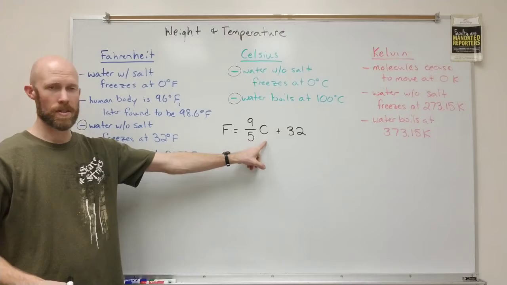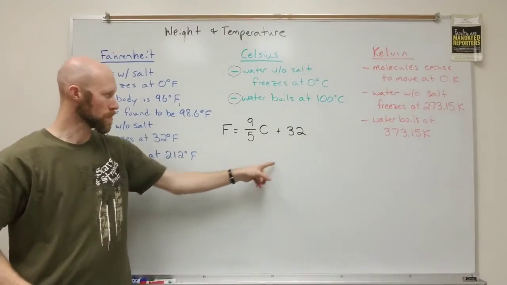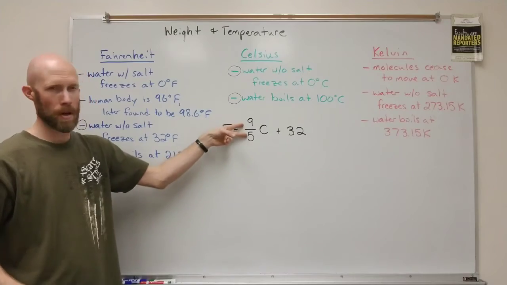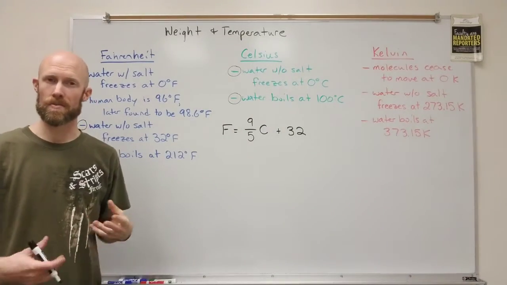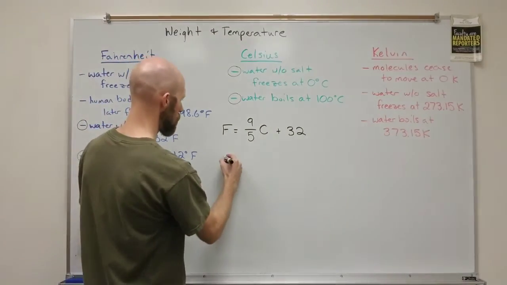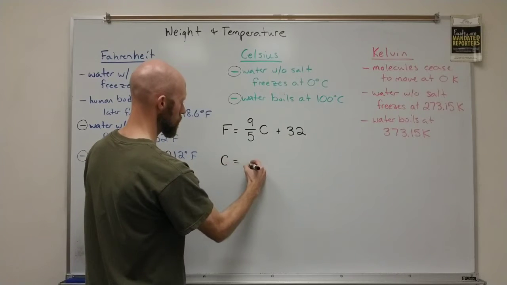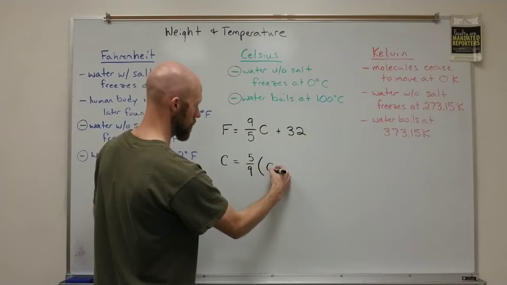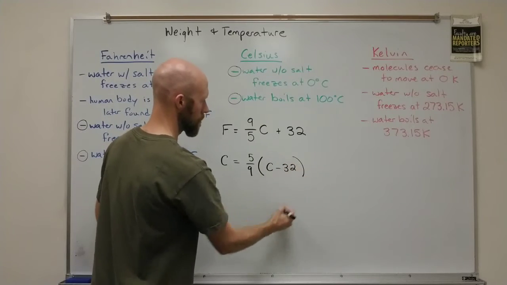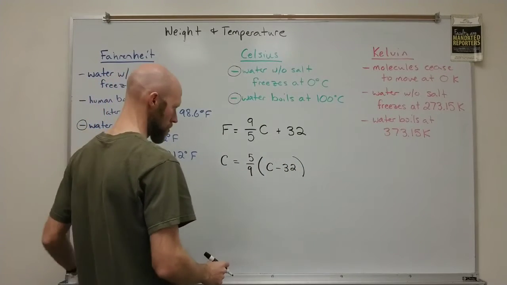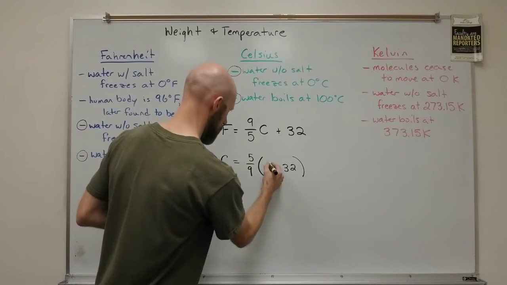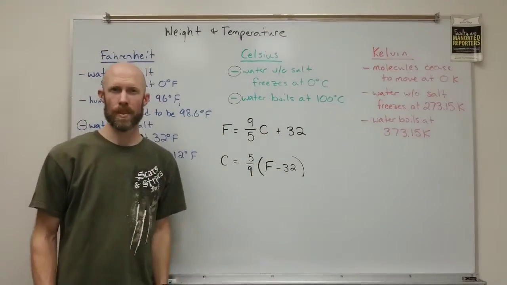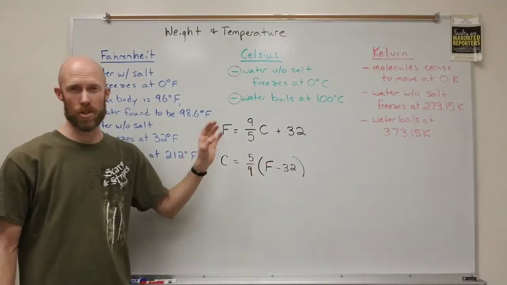If you were to solve this equation for C, you'd have to subtract the 32 from both sides and multiply by the reciprocal of the 9/5, which is 5/9. You end up with Celsius equaling 5/9 times the quantity F minus 32. There it is, F minus 32. And so that's just a solution of the other equation for C.